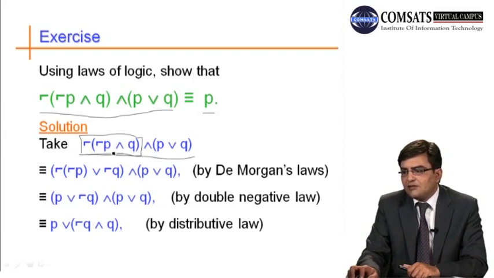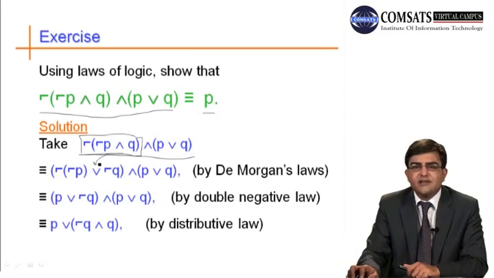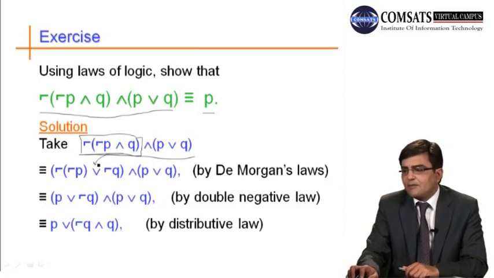If we apply negation on this, we obtain negation of P, which is converted to or, as stated in De Morgan's laws, and Q is converted to not Q. Here we can apply the double negation law, which states that negation of negation of P is equivalent to P. So negation of negation of P becomes simply P. Here we have P or not Q, and P or Q.